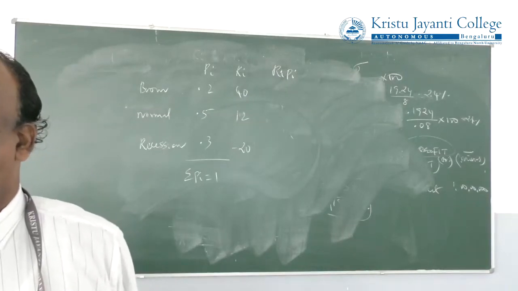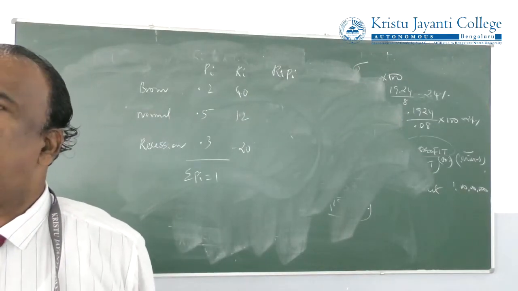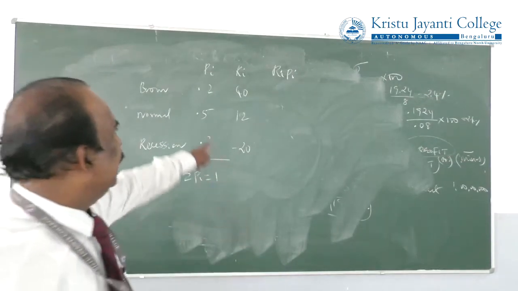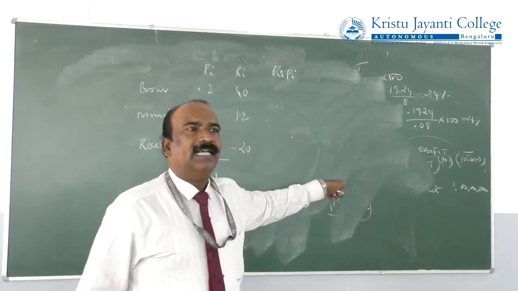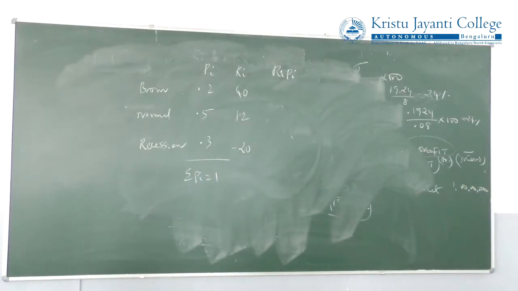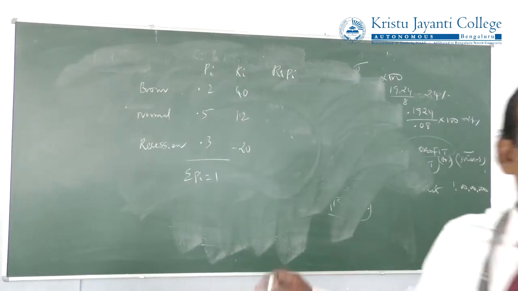In the previous case you added the returns and divided by N, where N is 3, the number of years. Here we cannot put 3 because of the probability.